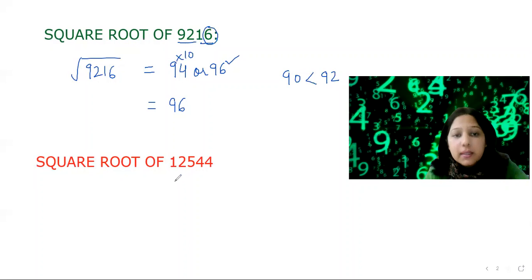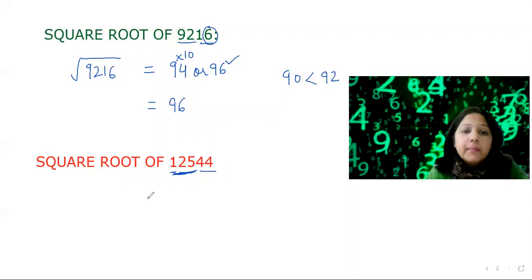Same way, another little difficult example, 12544. We will arrange in pairs again, 44, 25, and then 1. We can take this 125 as one group only.